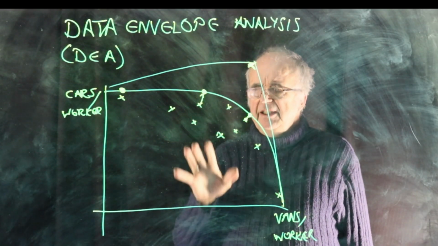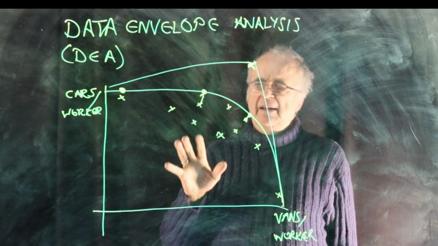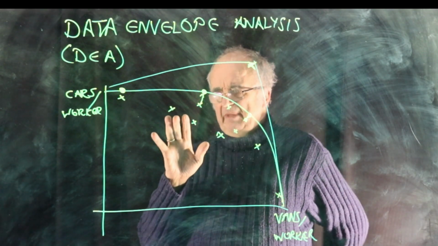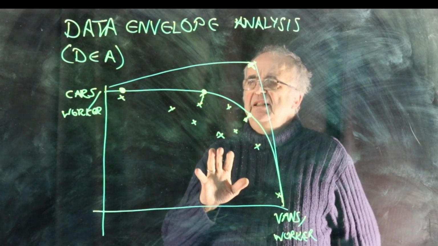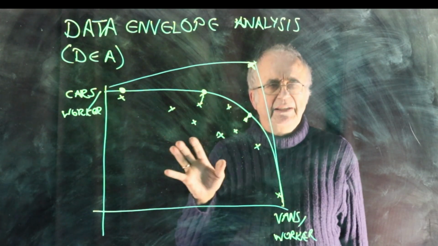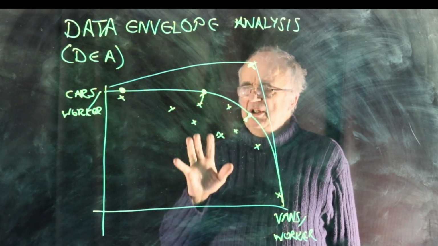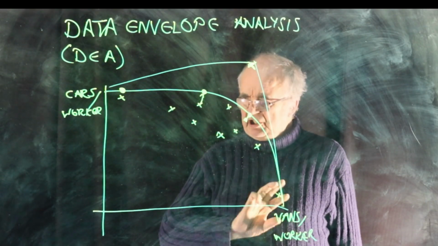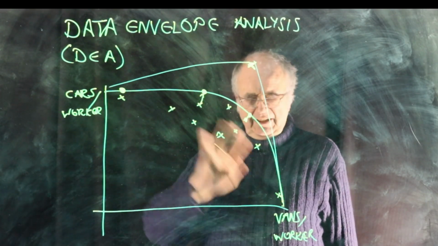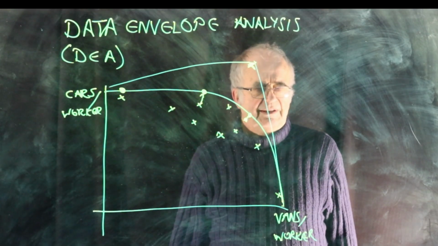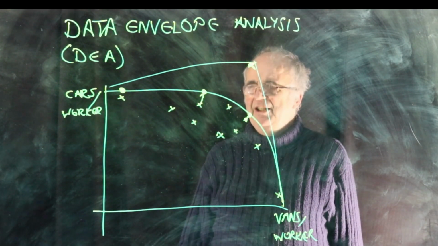Now, data envelope analysis has been used in the social sciences. It's been advocated by Anand Desai, for example, and he was criticised for doing that by Harvey Goldstein, who's a statistician, who said if there's a relationship between inputs and outputs, you don't want a rough and ready scheme like data envelope analysis in order to analyse it.